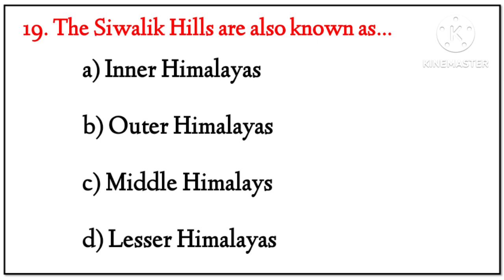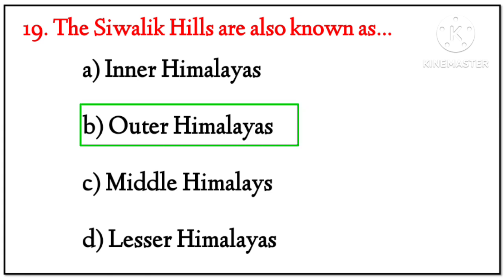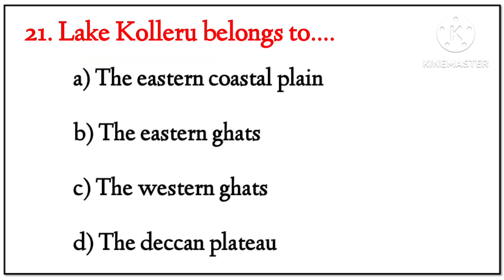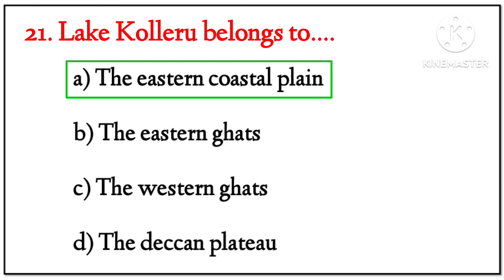Our right option is the second one, B, Outer Himalayas. 20, the highest peak in South India is: Anamudi, Nilgiri, Guru Shikhar, and Arma Konda. Our right option is the first one, Anamudi. 21, Lake Kolleru belongs to: the Eastern Coastal Plain, the Eastern Ghats, the Western Ghats, and the Deccan Plateau. Our right option is the first one, the Eastern Coastal Plains.